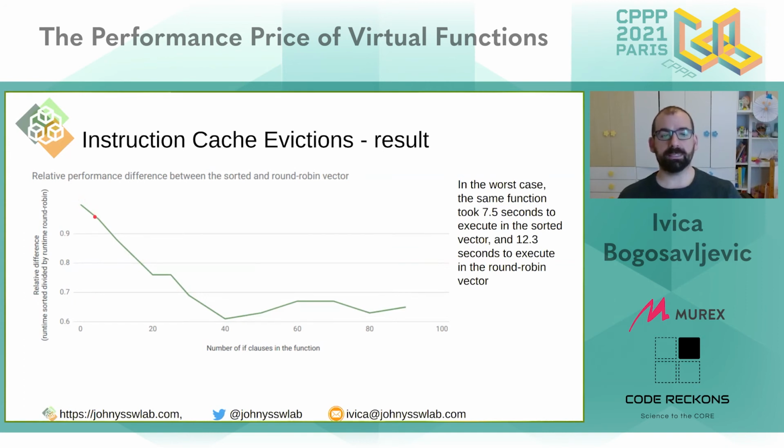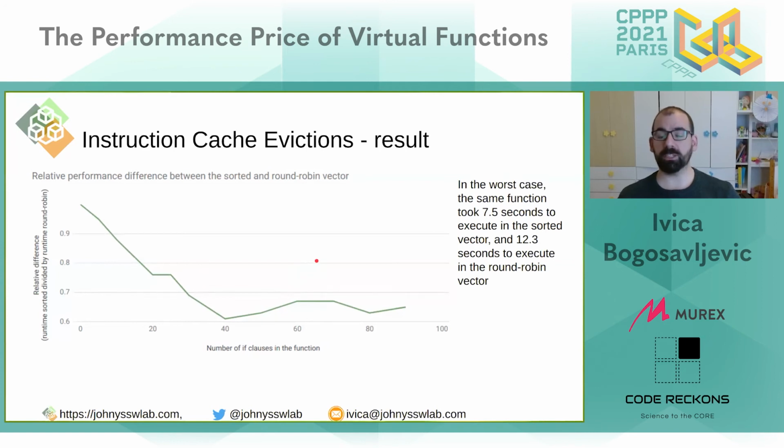But as we add more, the numbers 20, 40, 60, 80, 100 are the number of conditions in the if-else if block. As you see, the performance is degrading, and it is worse at around 40 conditions, and then it stays around that. Starting from 1, it goes down to 0.6, and then it's between 0.6 and 0.7.